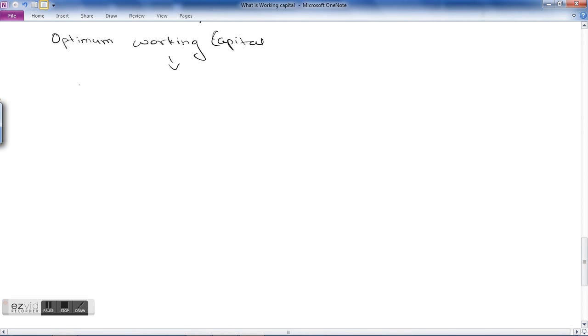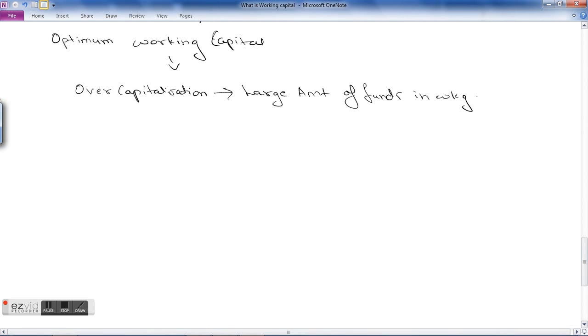So what will happen if there is overcapitalization? Overcapitalization refers to the condition in which a company has too large funds for its working capital requirements. So it has invested a larger amount of funds in working capital than required.